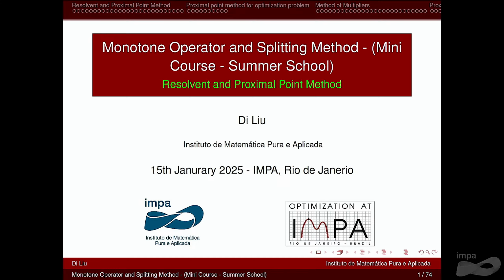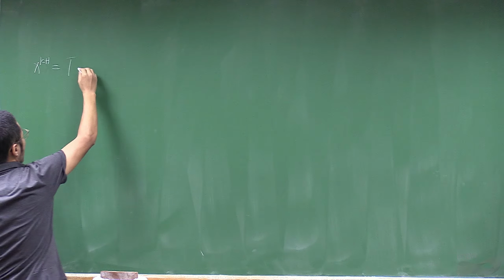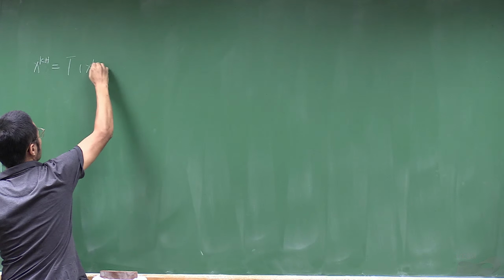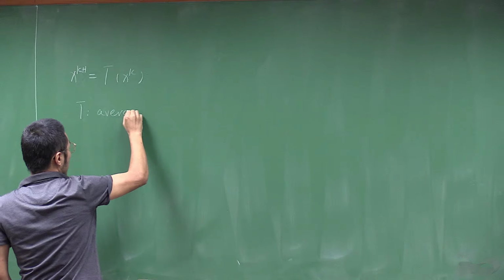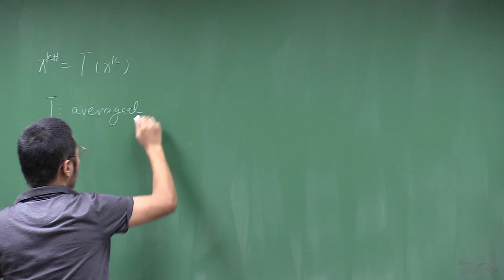We suppose the sequence x_k is generated by the fixed point iteration T of x_k, and here T is what we call an averaged operator.